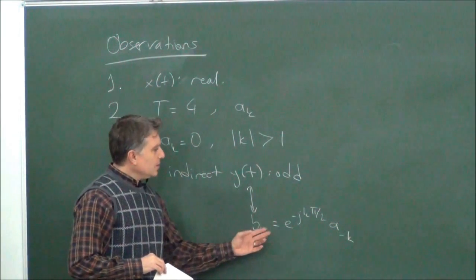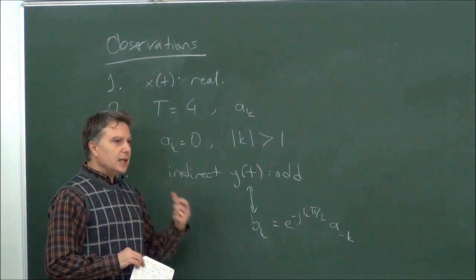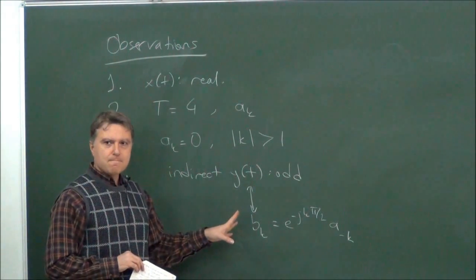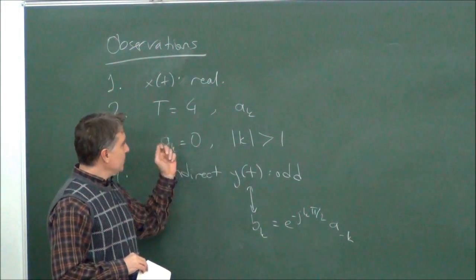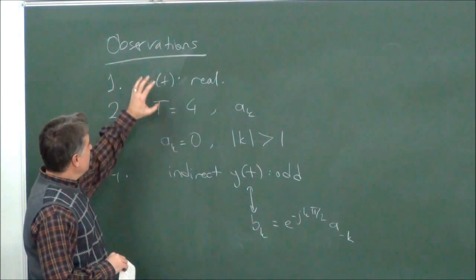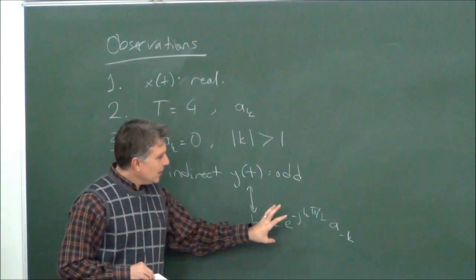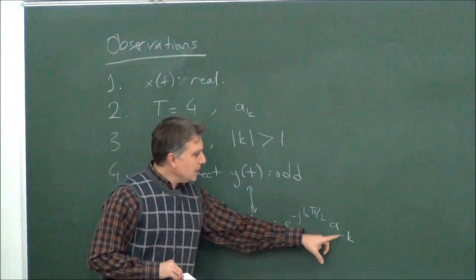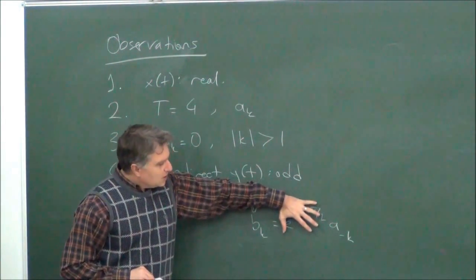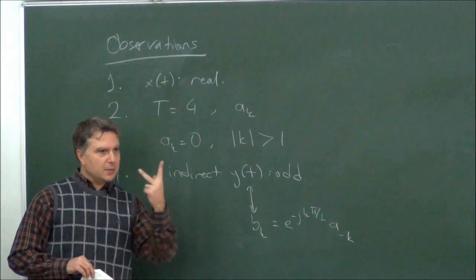This relation between the Fourier series coefficients is automatically indicating the relation between y of t and x of t. What's the relation between y of t and x of t if the Fourier series coefficients of y of t and the Fourier series coefficients of x of t, which are ak's, are given like this? bk is equal to e to the j something times a minus k. Without considering this e to the j something, bk equal to a minus k corresponds to a time reversal.